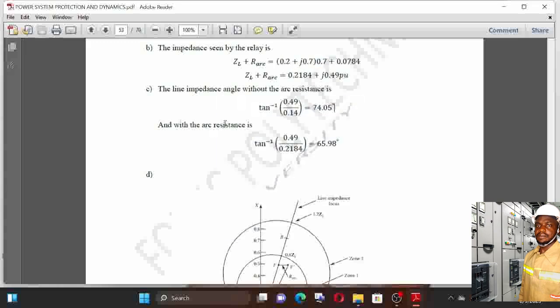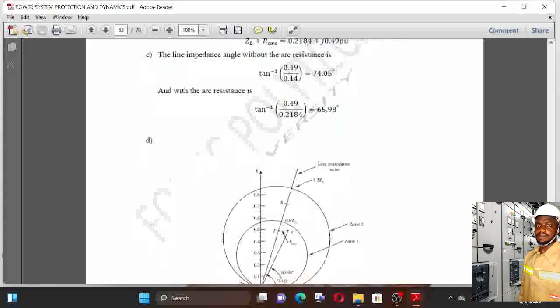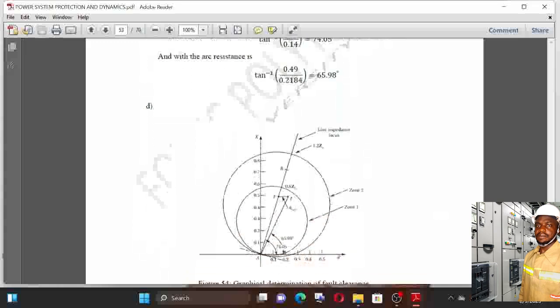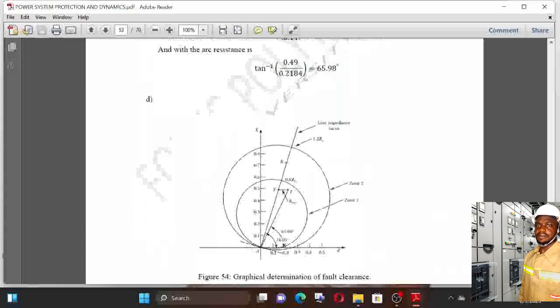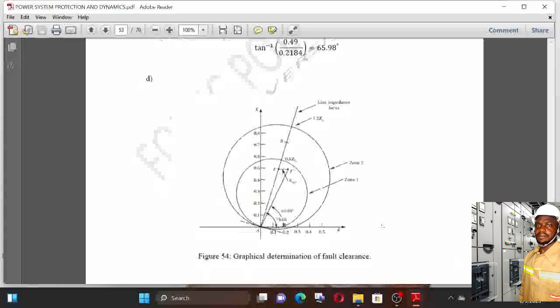Then with the arc, we use the angle of the line impedance to the fault plus the arc resistance. So we use the tan inverse of 0.49 divided by 0.218. It gives us 66.98 degrees. We now use that angle to plot the relay characteristic curve for the distance relay protection scheme.